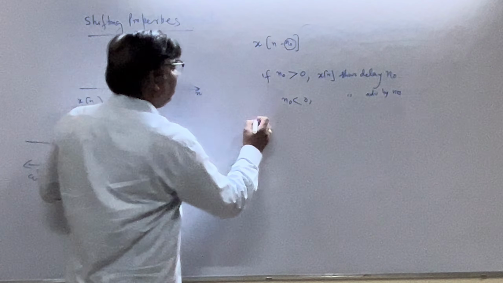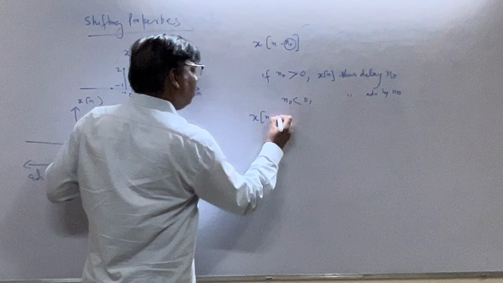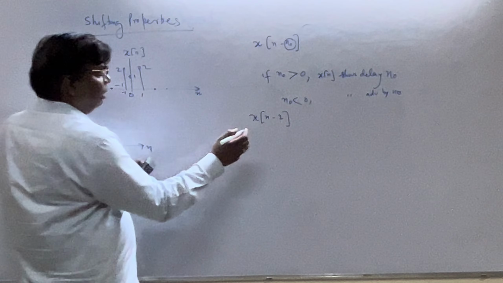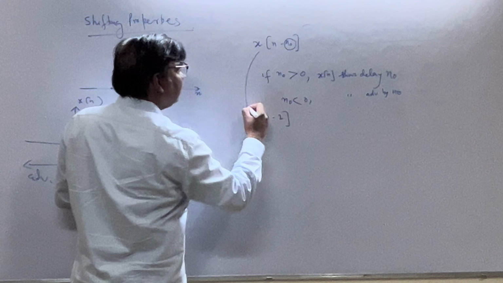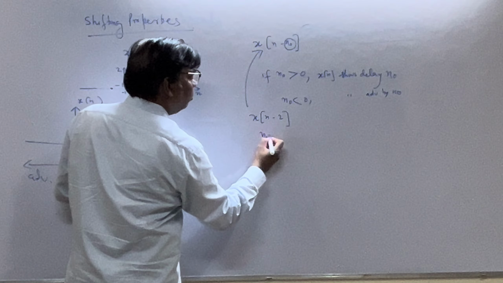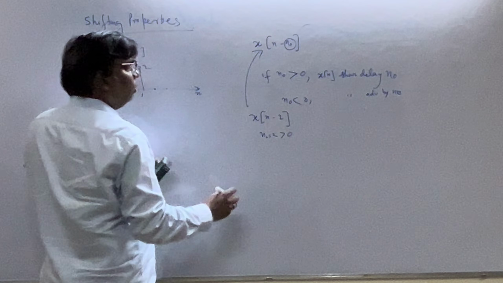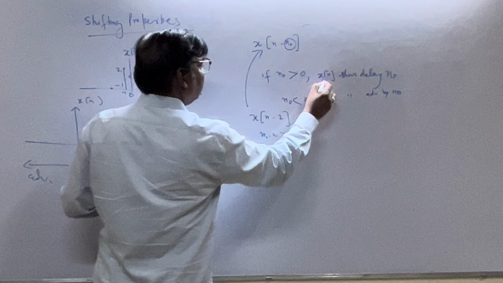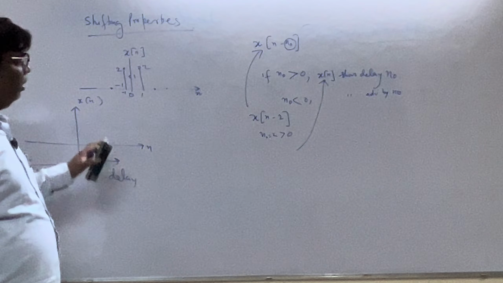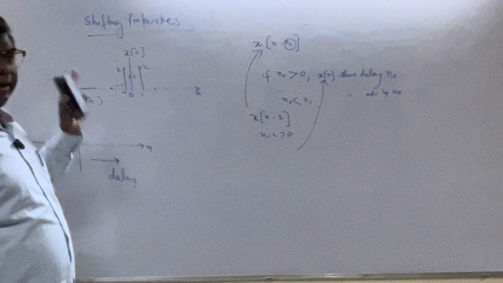So suppose we have to draw x[n minus 2]. When we compare with this, n naught is 2, which is greater than 0, so the signal is shifted by 2 in the right hand side.